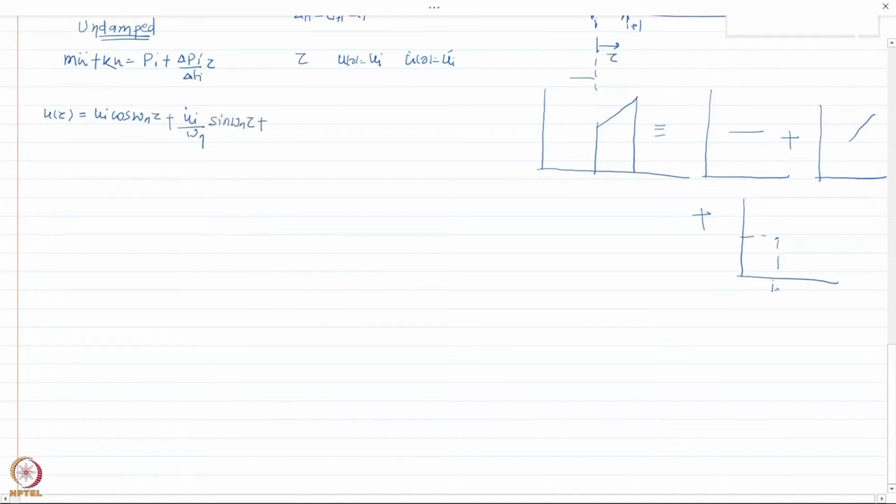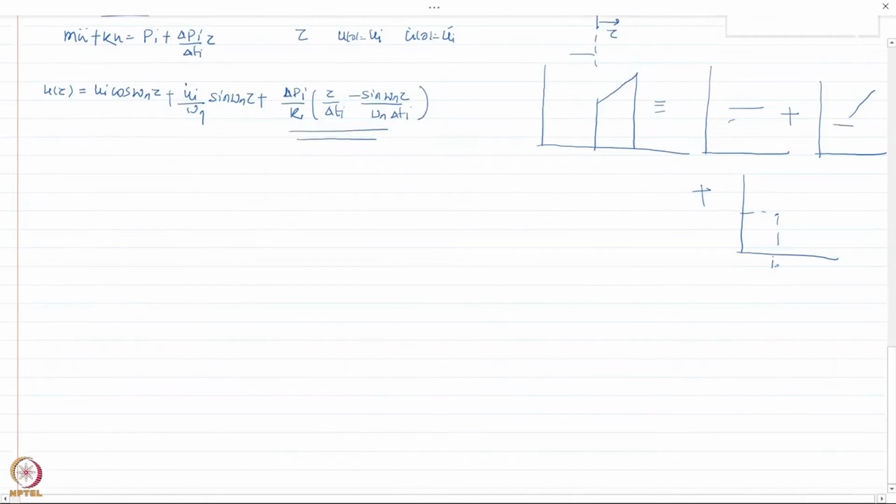Then the response due to the ramp function, the loading due to this linearly increasing phase, which we have already derived, is delta p_i divided by k times tau over delta t_i minus sine omega_n tau divided by omega_n delta t_i.